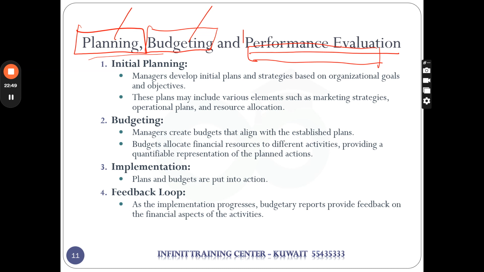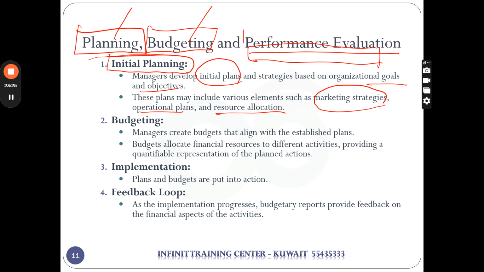But what we have to understand is that all these are interconnected. It will be like this. First you will do initial planning. The managers develop initial plans based on the goals and objectives. These plans may include various elements such as marketing strategies, operational plans, resource allocation, everything.